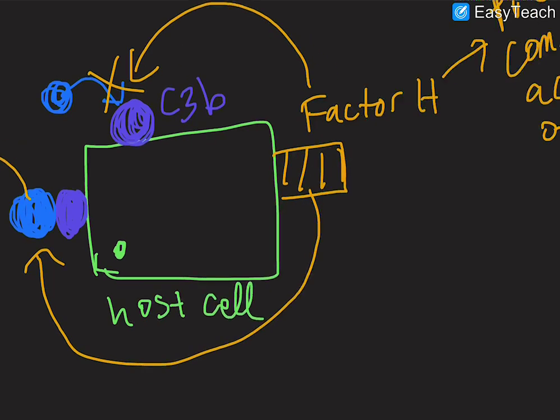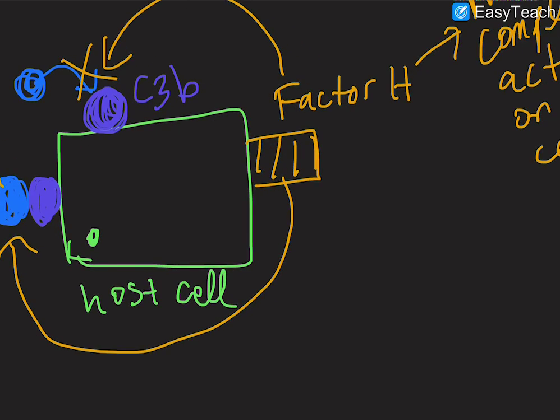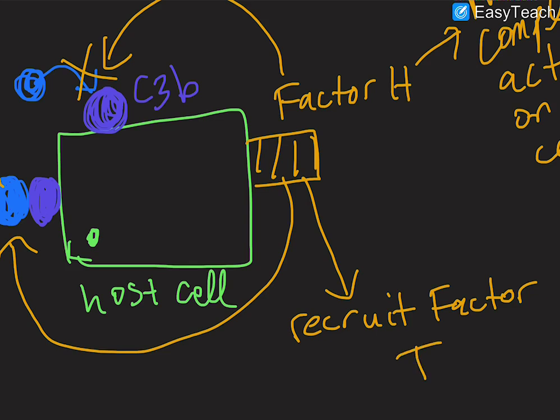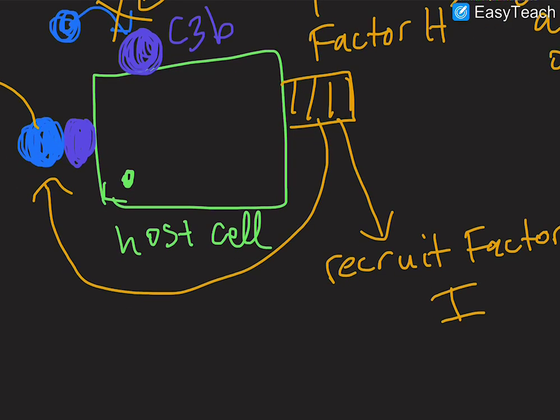Another thing factor H can do is it can recruit factor I. What's factor I, right? Well, here's what factor I does. Factor I will come over to C3b and it's going to cleave it and convert it into iC3b, okay?